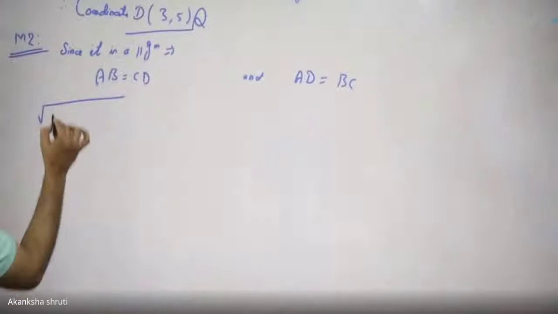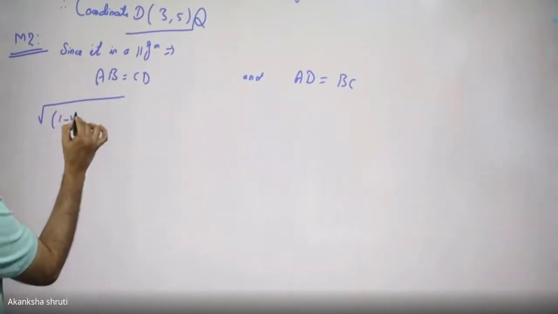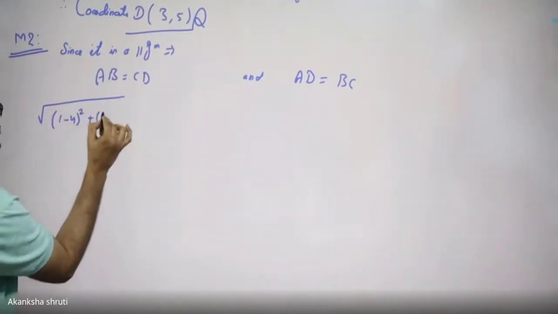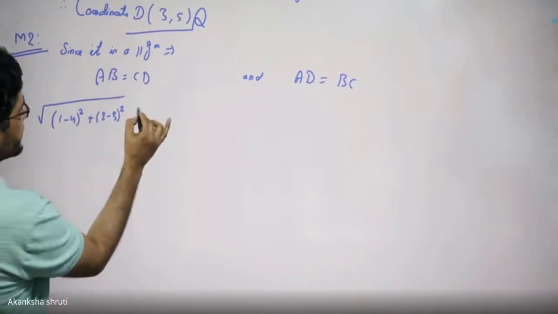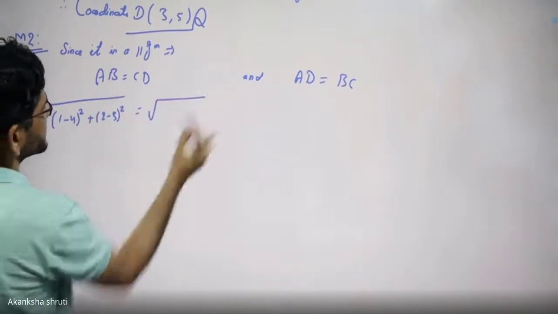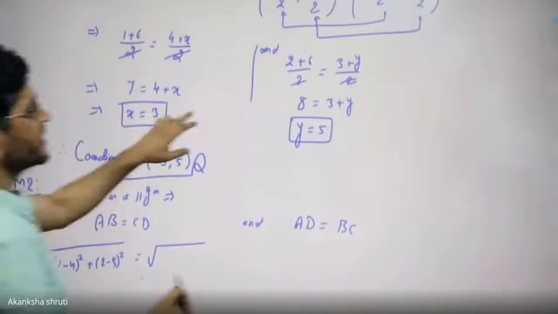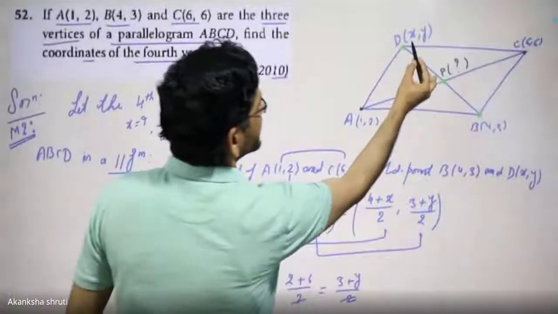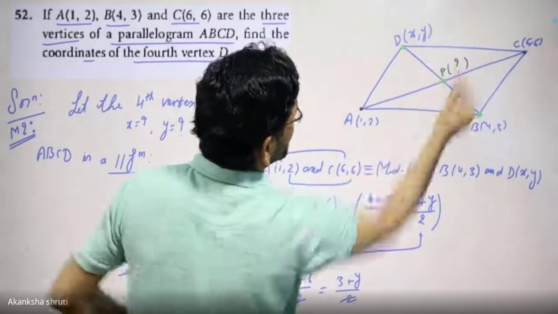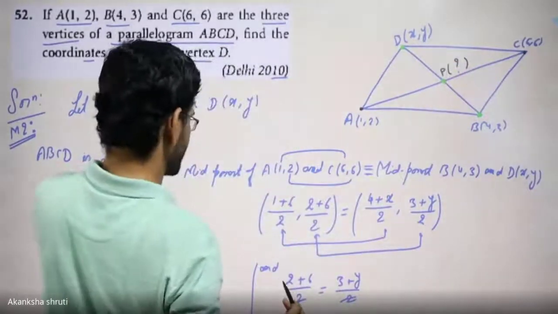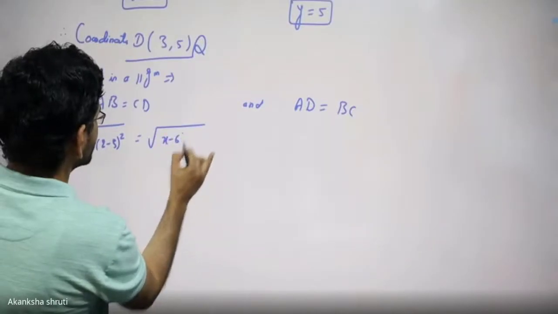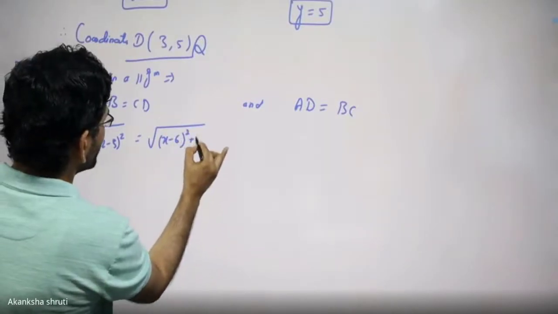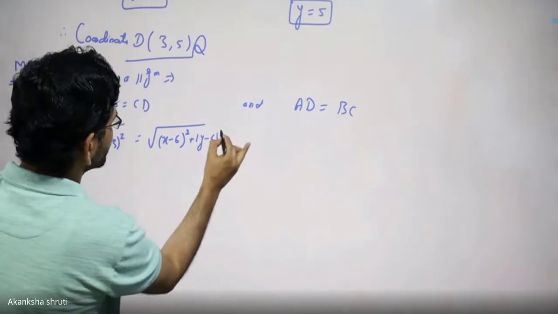So students, it is like (1 minus 4) squared plus (2 minus 3) squared. The x coordinate and y coordinate of A and B are considered here. For CD, students, mark it: x minus 6, y minus 6 that we need to take. (x minus 6) squared plus (y minus 6) squared.